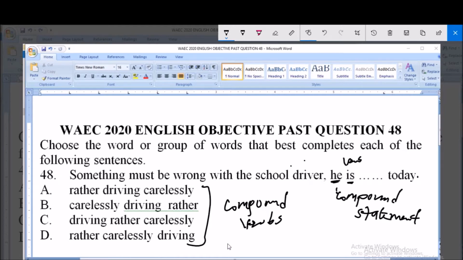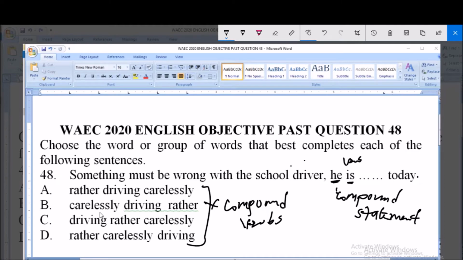No, he cannot, because there is a verb or adverb that qualifies the careless, and that's why we cannot say "carelessly driving rather." So option B cannot go. We cannot say it, because this "carelessly" is modifying the verb.